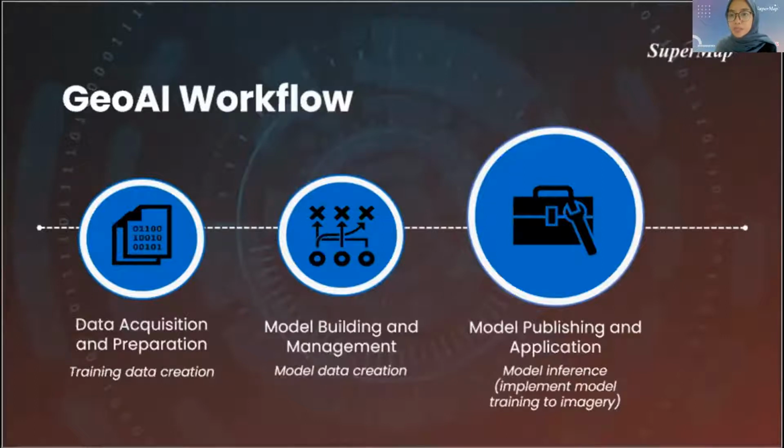All of this process is zero code, so you just need to click on the toolbox, fill in some parameters, go to the next step and fill in some parameters again, and also do some iteration if you need, because in some cases you will not succeed in the beginning. Sometimes it takes time for you to find the best parameters to analyze your data.